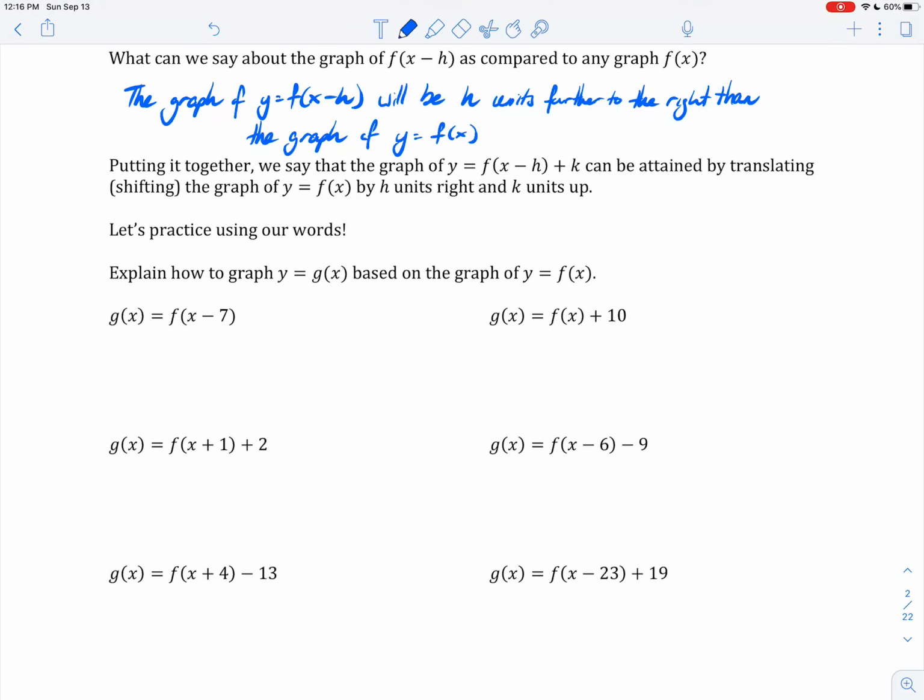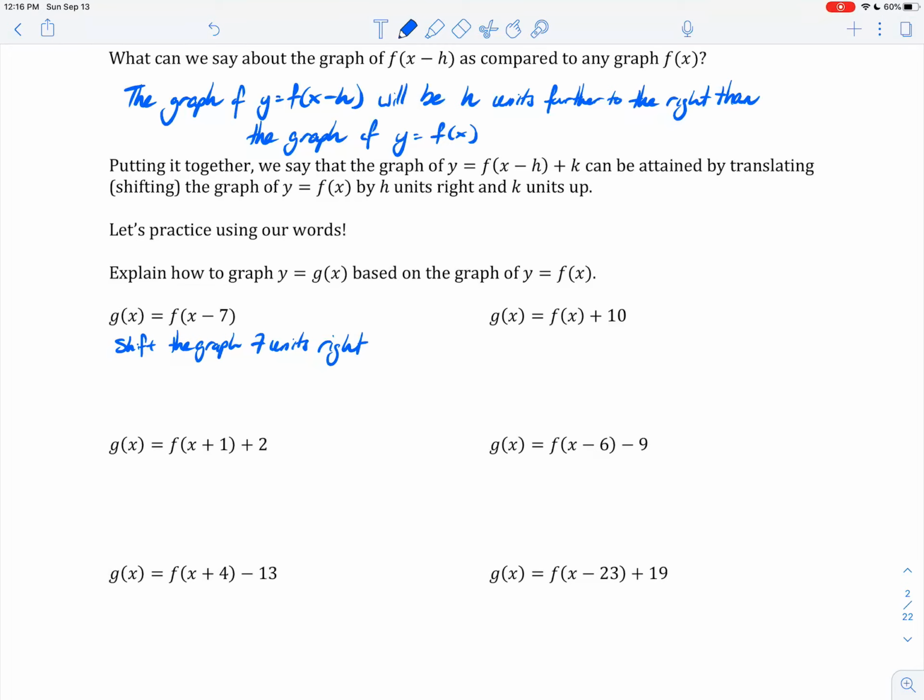So you can say that we're shifting the graph 7 units right.